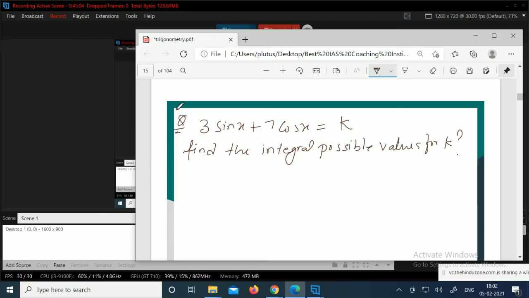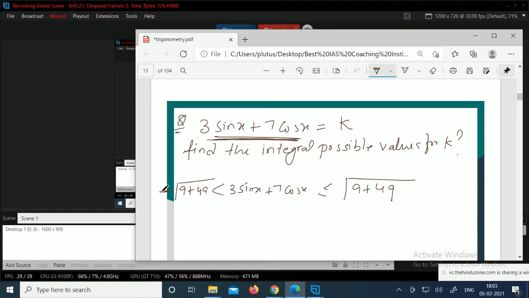So first we need to find the range of this expression. Okay, so what is the range for 3 sin x plus 7 cos x? We can say under root 3 square is 9 plus 49, from minus root 58 to plus root 58, and we can substitute this as k.